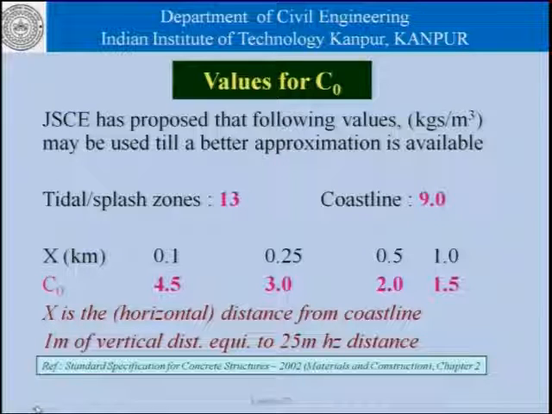In tidal and splash zones, the number may be taken as 13. In coastlines, it can be taken as 9, and depending on the distance from the sea, the number can be taken to be different. As far as the height of the structure is concerned, it also suggests that a meter of vertical distance may be taken to be equivalent to 25 meters of horizontal distance.